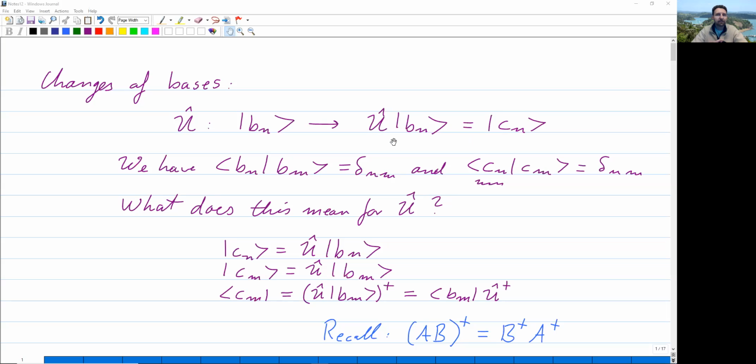Now, something that we had not discussed last time was that these are not just any bases, these are Hilbert bases. And that implies in particular that they consist of orthonormal vectors. So the Bn are orthonormal. That is this condition here. And we also have the fact that the Cn's are orthonormal.